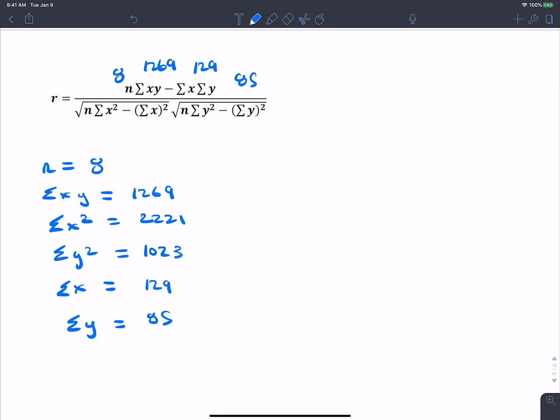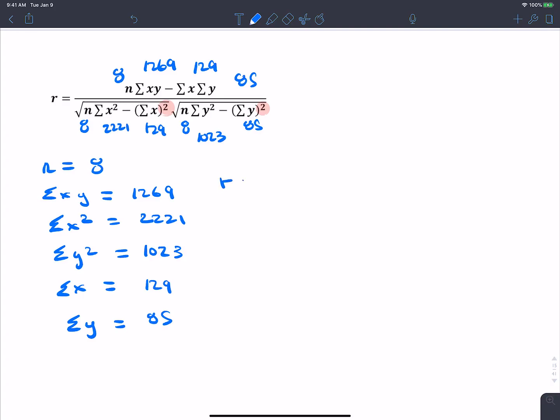I'm going to plug them in next to these values. 8, and then that's going to be 2,221. Sum x is 129. Don't forget, you got to square that number. n is 8. Sum y squared was 1023. And then sum y is 85. And again, we're not going to forget to square these values. So I'm going to plug everything in here.